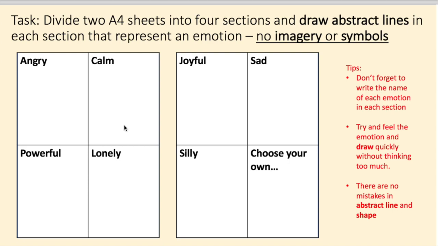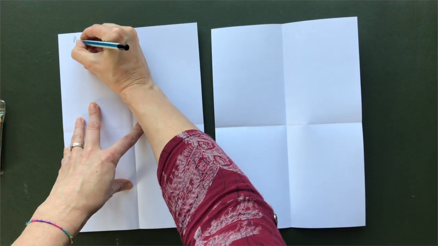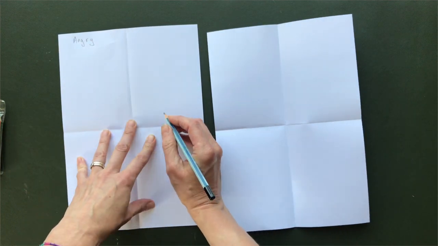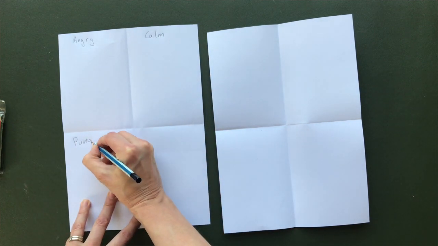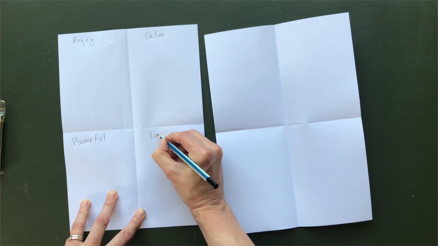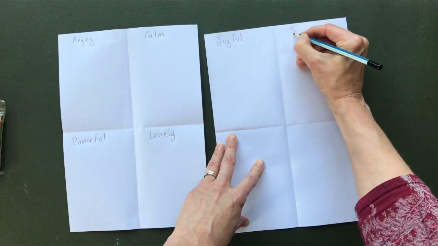There's no way of doing this wrong, because it's a very personal thing about how you feel when you put pencil to paper. Don't forget to write the name of each emotion in each section. Try and feel the emotion and draw quickly without thinking too much. There are no mistakes in abstract line and shape.